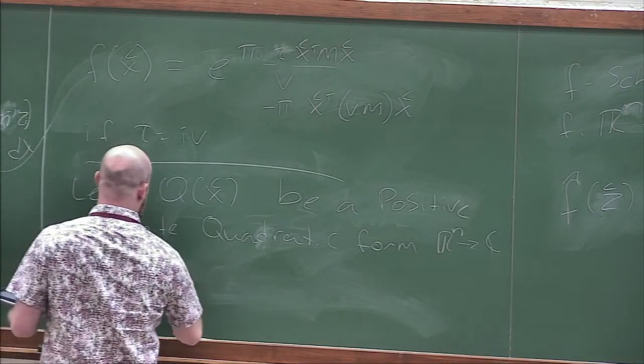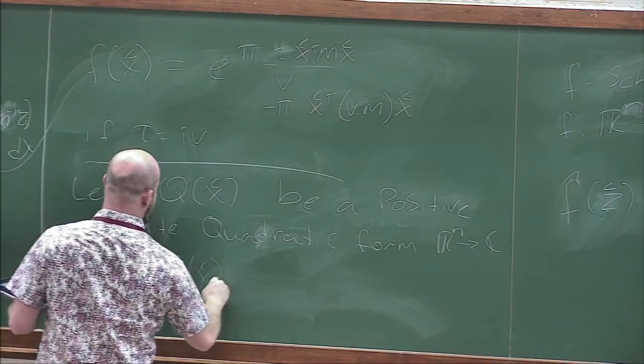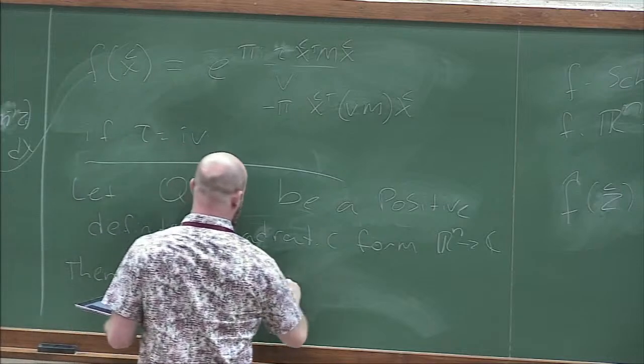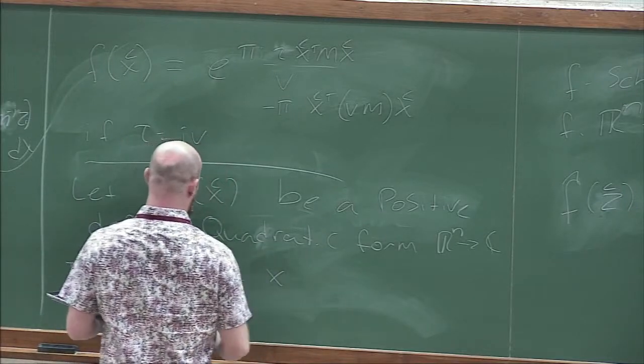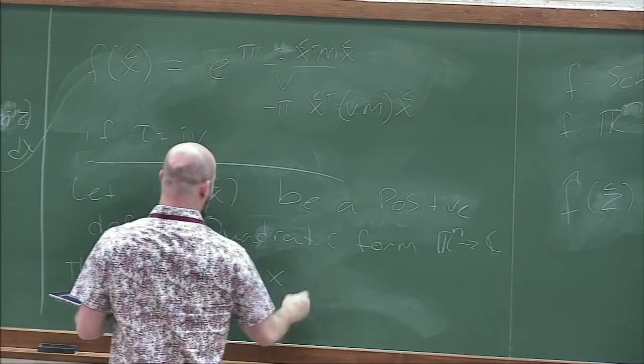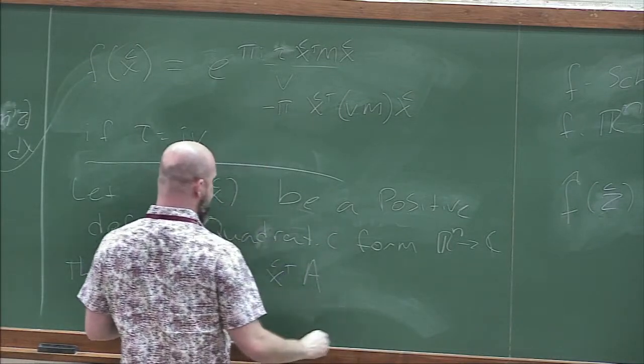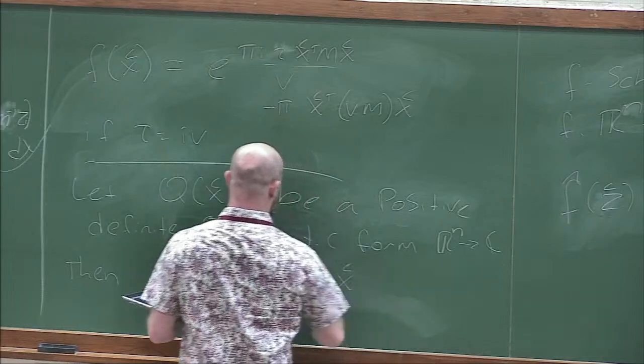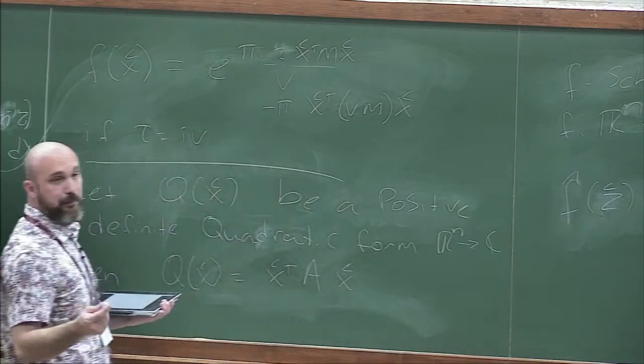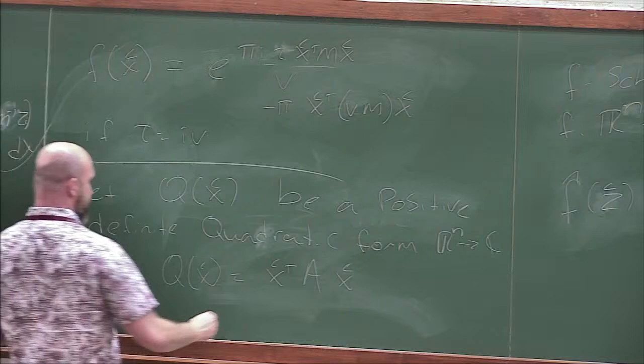That means that Q of our x vector has to equal something like our x vector transpose times some matrix A times x, where A is, again, a real positive definite matrix.